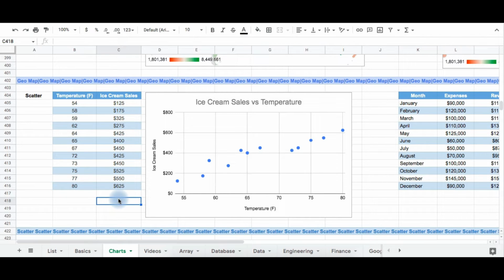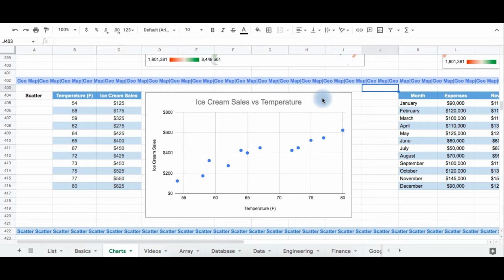And usually when the temperature is colder, we have less sales. So at 54 Fahrenheit, we only made $125. But as the temperature gets hotter and hotter, or basically in the summertime, we obviously get more sales. So this is what we see in the graph. We just plotted this data onto here, and we can see the pattern.